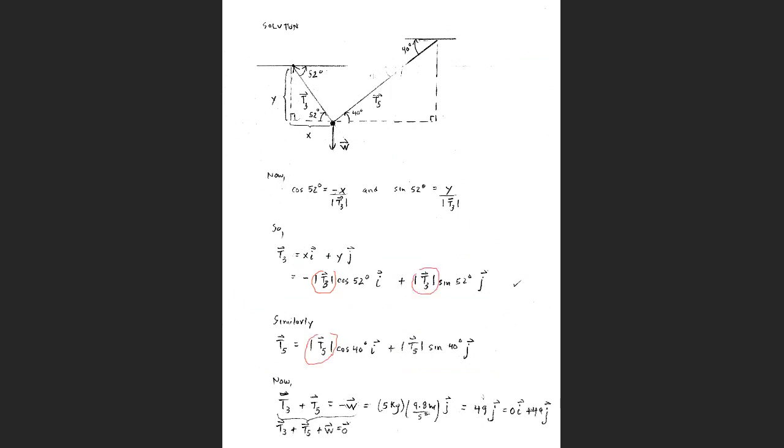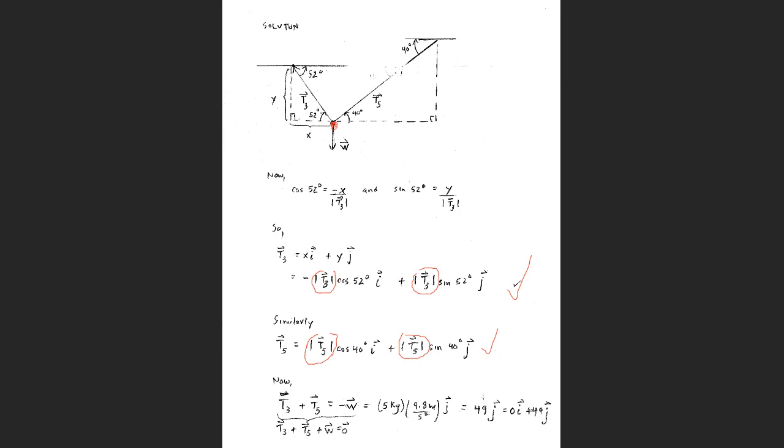If I could just get numbers there, then I would be good to go. So what we need to do here is come up with an equation that will help us find those magnitudes.